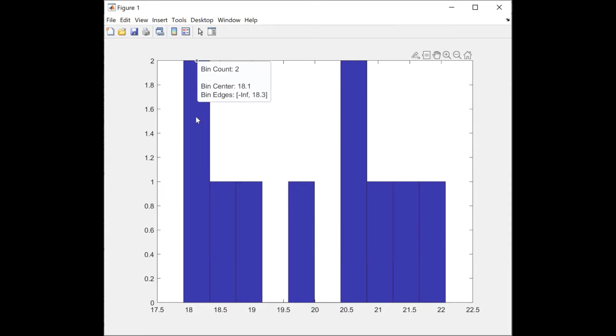In this case, there are 2 data points that are less than 18.5, and then all the way up, and we see our last bin includes 21.5 to 22. So this hist command will produce that histogram for us.